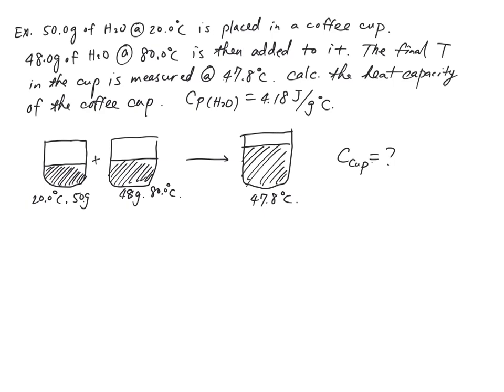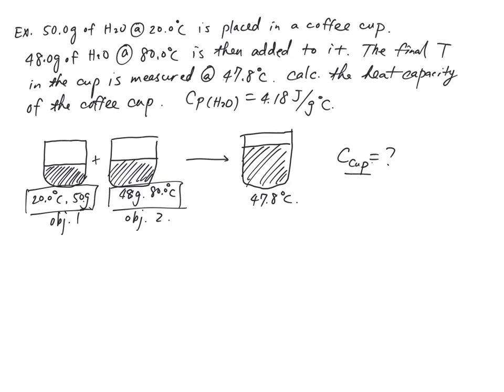First of all, how many things are involved in this process? Cold water is obviously your object 1. Hot water is your object 2. When you mix them together, of course, the hot water is losing heat and the cold water is gaining heat. That should be pretty obvious.